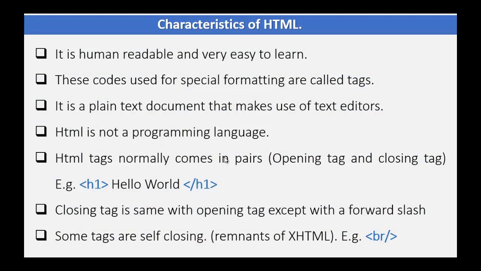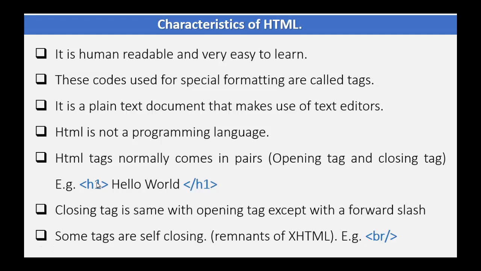So, these are some of the characteristics of a markup language. Characteristic number one, which is a very unique attribute of it, is that it is human readable and very easy to learn. For instance, you can see something down here, H1, which stands for heading 1.